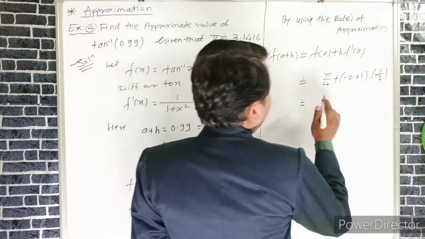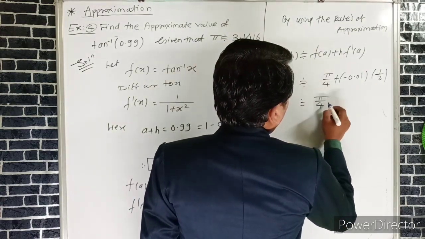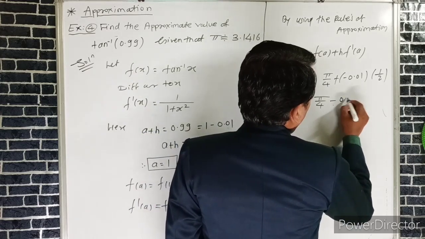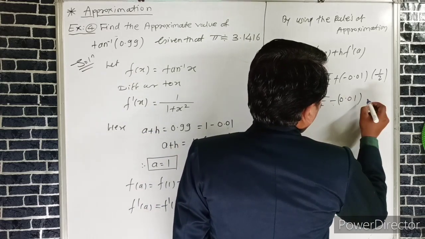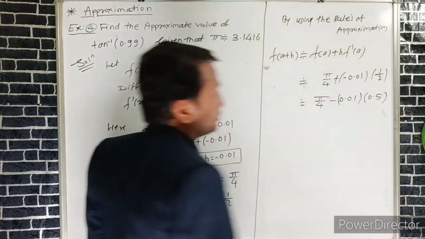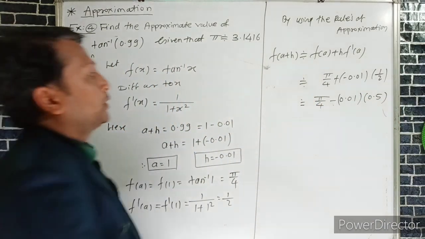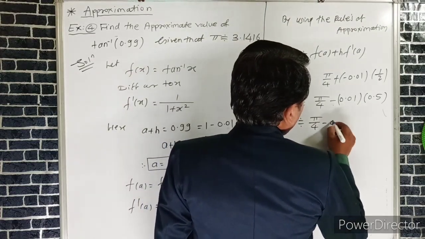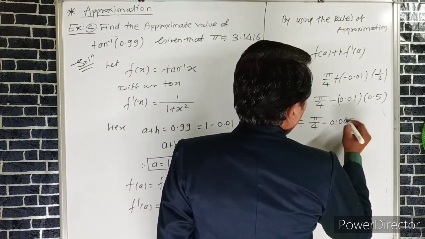Hence we can write pi by 4 plus or minus 0.01 into 0.5, which is approximately pi by 4 minus 0.005.